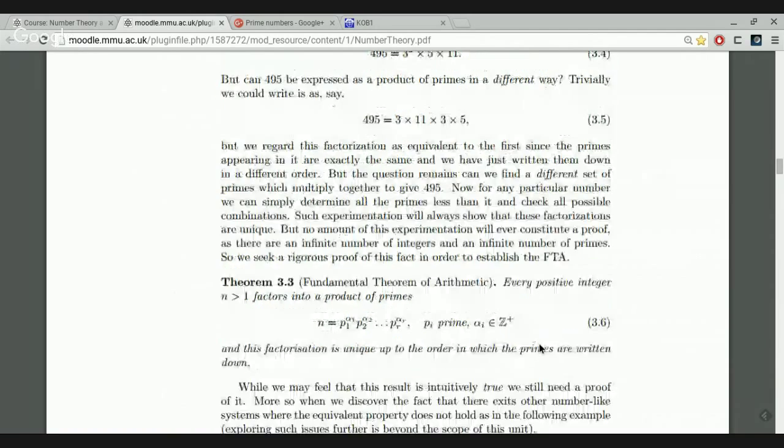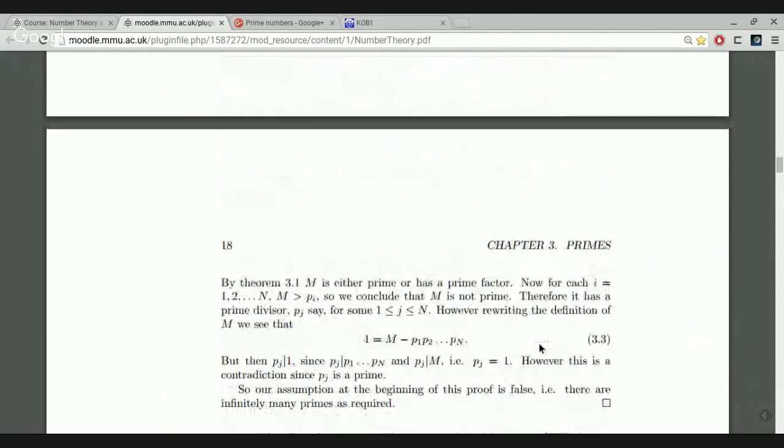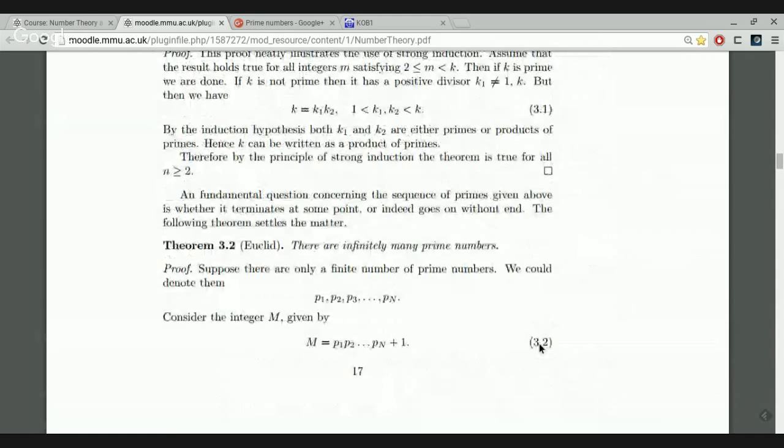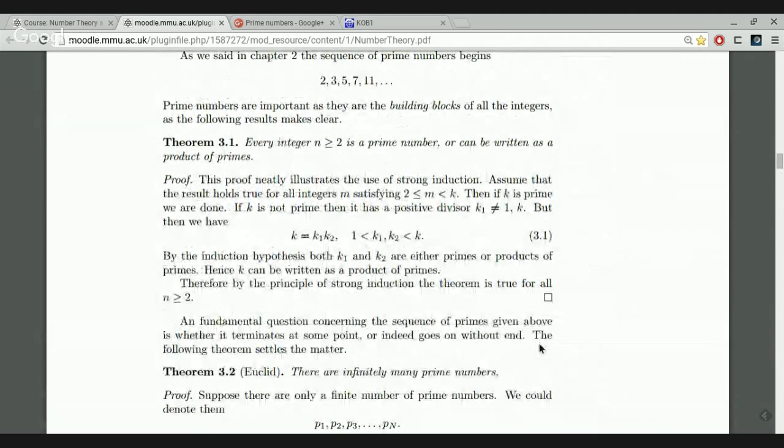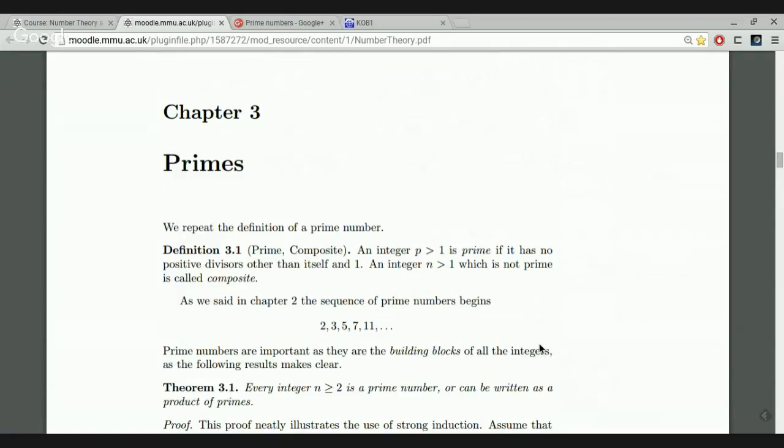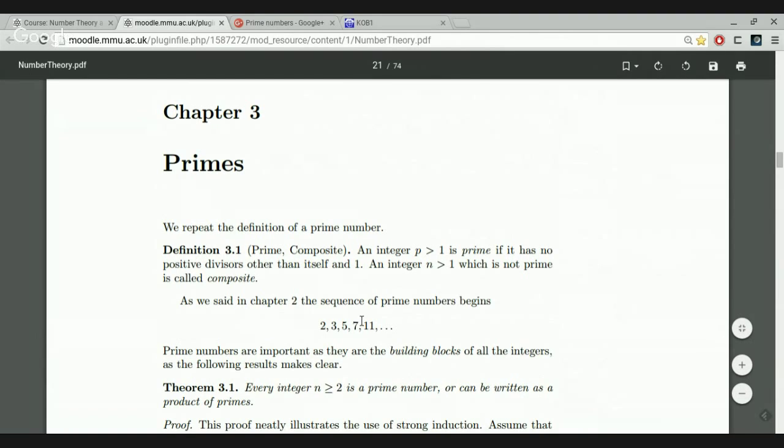And before that, although it's not required for that, we'll also prove, I've said there are many prime numbers, we'll see shortly why there are an infinite number of prime numbers. So there's no end to the sequence of prime numbers. There's the first 5 of them there, 2, 3, 5, 7, 11.